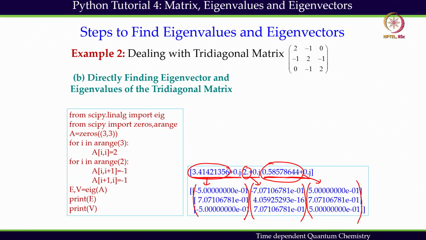So, we can directly calculate the eigenvalues and eigenvectors of a tridiagonal matrix, but this direct procedure, where I am making use of the entire matrix, can be useful for lower dimensions, like let us say a 3 by 3 matrix.